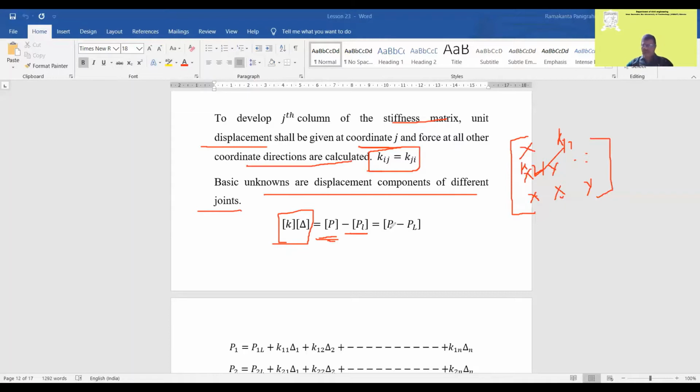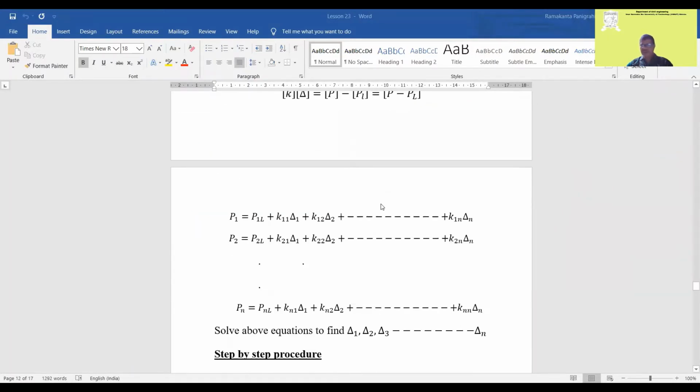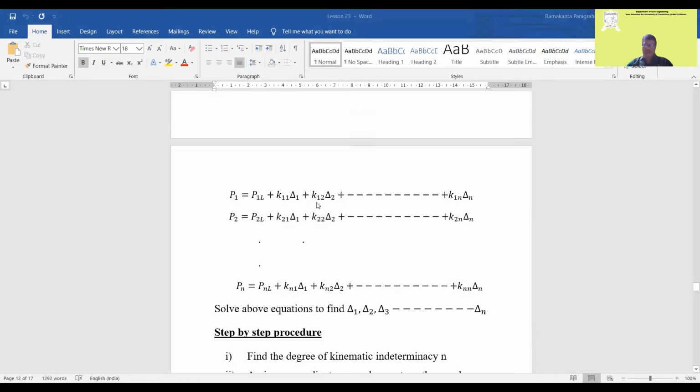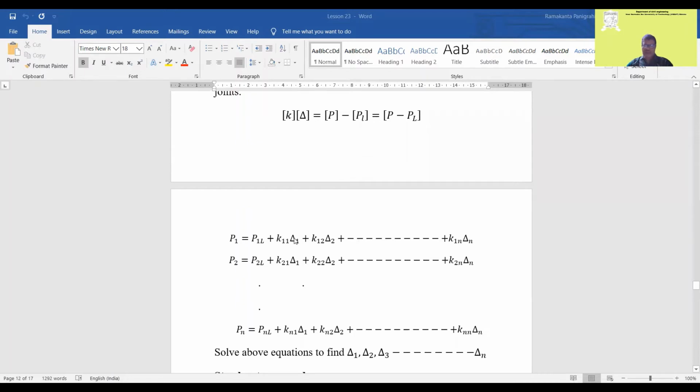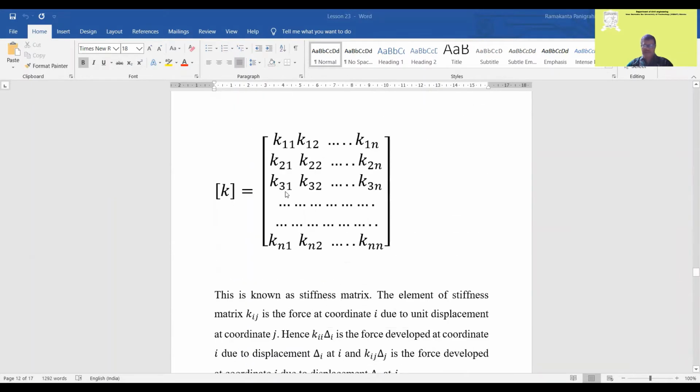Right? So what does that mean now? If you expand these terms, you can write down P minus PL like this. Let's see: your P1 is equal to P1L, the applied load, plus K11 delta 1, if you multiply this matrix.